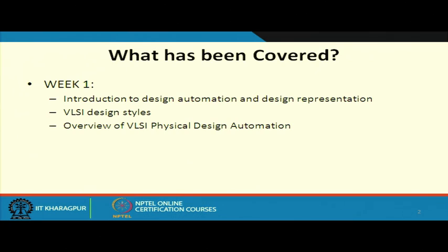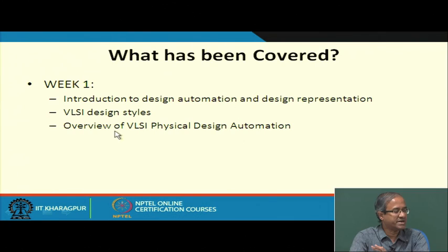If we use the standard cell design style, for example, which is the most predominant, some of the tasks become much simpler because the topology, configuration or structure of your circuits becomes much more regular. And we also looked at the various steps that are required to be followed in physical automation.